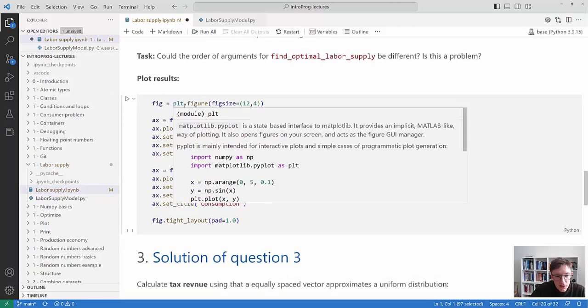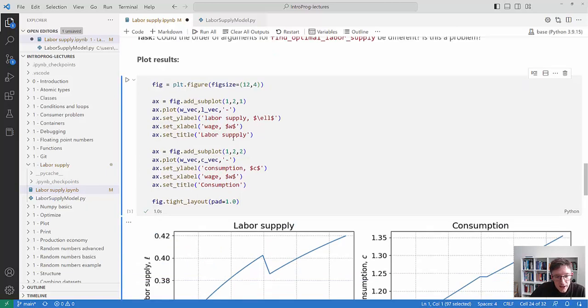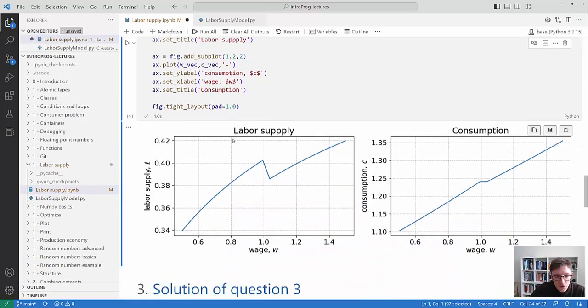So we had to plot the labor supply and the consumption choice against the wages. So let's do that. And this is exactly what we get out. We can see that the labor supply is generally increasing in the wage. You want to work more if the wage is higher, except in this interval here, where we can see that actually labor supply is decreasing when the wage is increasing.